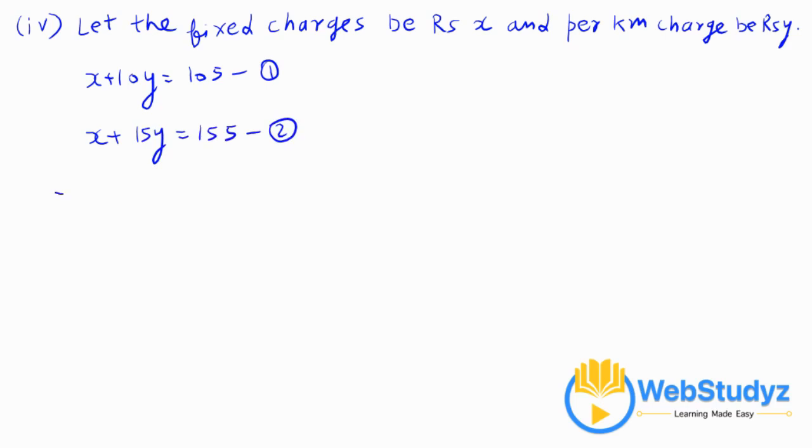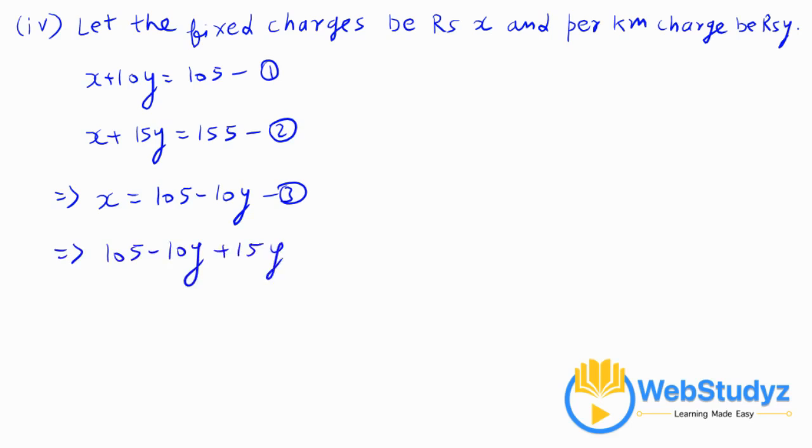Now from first we can get the value of X as 105 minus 10Y. This is our third condition. Substituting the value of third into the second, we get 105 minus 10y plus 15y equals 155.